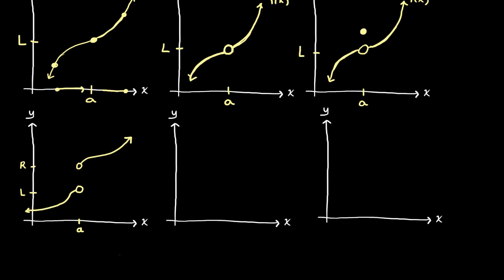In this fourth illustration, does the function f of x have a limit as x approaches a? Well, if we approach from the left-hand side, we approach this open circle, so we would say the limit as x approaches a from the left would equal the number L. As we approach from the right-hand side, however, the function is getting closer and closer to this real number R. And since those two respective one-sided limits do not equal each other, then we say that the limit here does not exist.